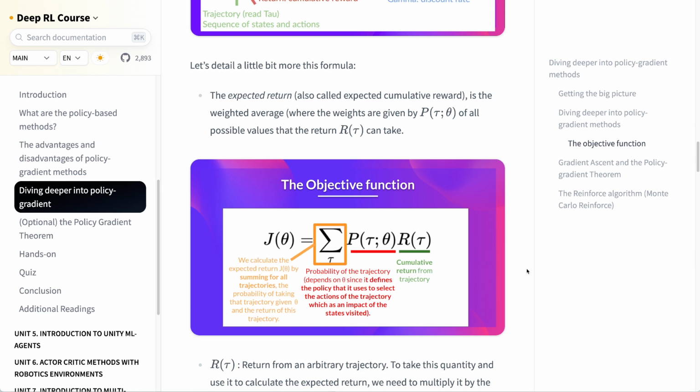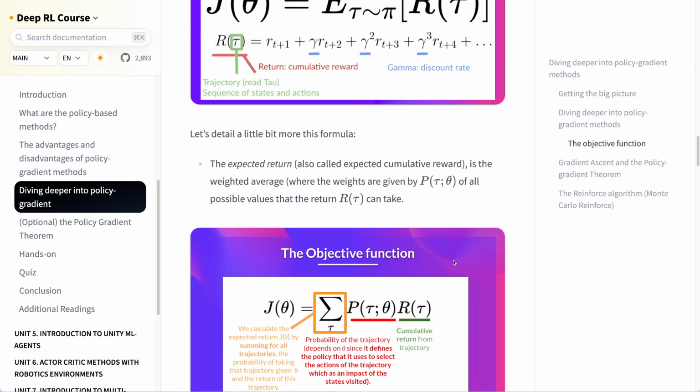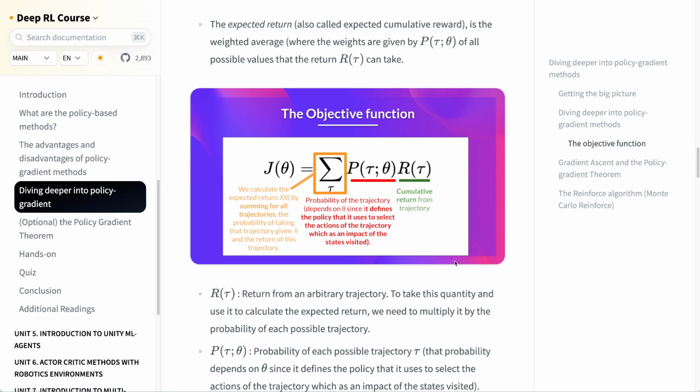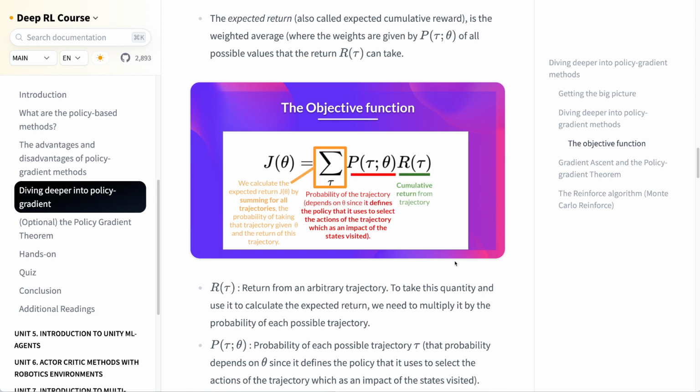The probability of the trajectory depends on theta, since it defines the policy that it uses to select the actions of the trajectory, which has an impact on the states visited, and then the cumulative return from the trajectory. This is R that we saw above. So R is the return from an arbitrary trajectory.